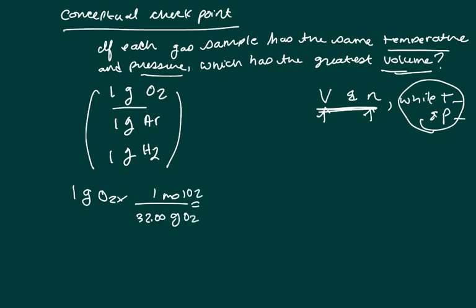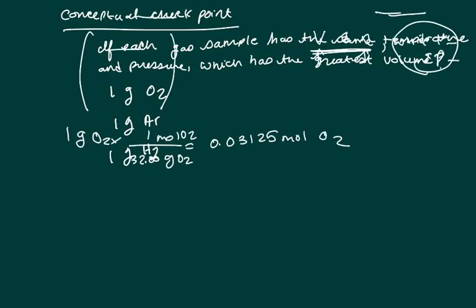So, let's see how much. 1 divided by 32 is 0.031125 moles. And then let's see how much argon we have.